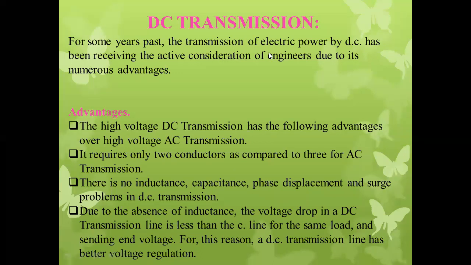We have seen that comparison. It is found that the area cross section of the two wire DC system with one conductor earth.